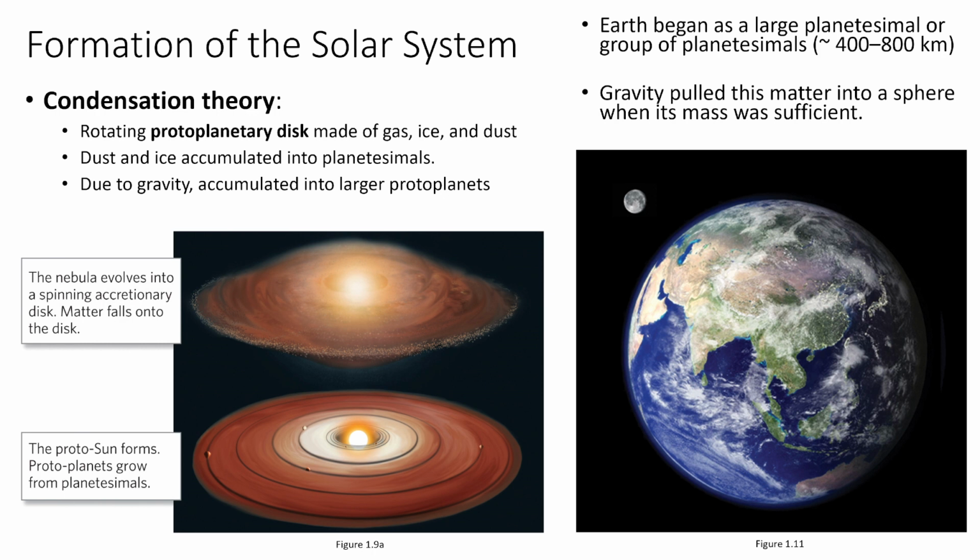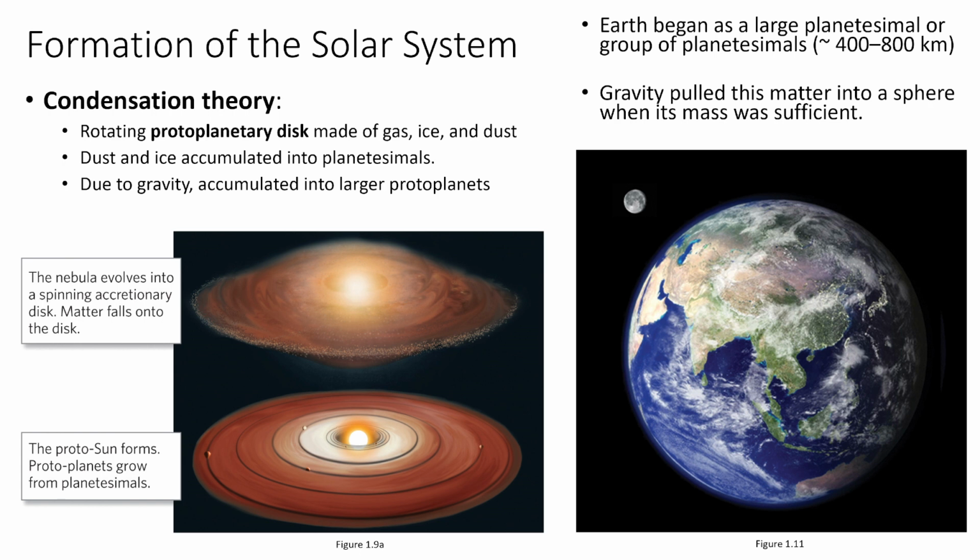So the solar system formed through this condensation theory. Dust and ice accumulated into planetesimals, and as a result of gravity, some of those planetesimals accumulated into larger protoplanets. So at point A here, you've got the disk forming and then the sun forming, eventually the planets.